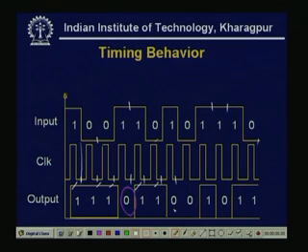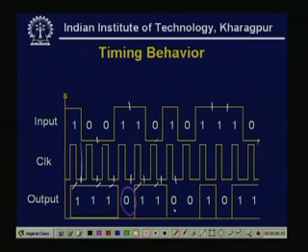So, what we see in the timing behavior is that with the clock pulses, if an odd number of ones are counted, then the output generated will be 1, and when it becomes an even number of ones in the input bit stream, then a 0 output will be generated.